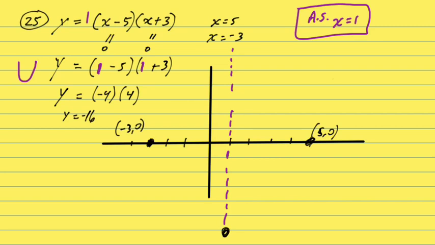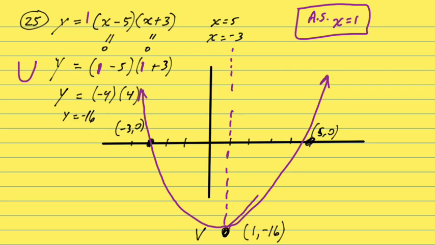So way down here, you would have the vertex at 1, comma, negative 16. And this would be opening upward. So I've labeled the vertex, the axis of symmetry, and my two x-intercepts.